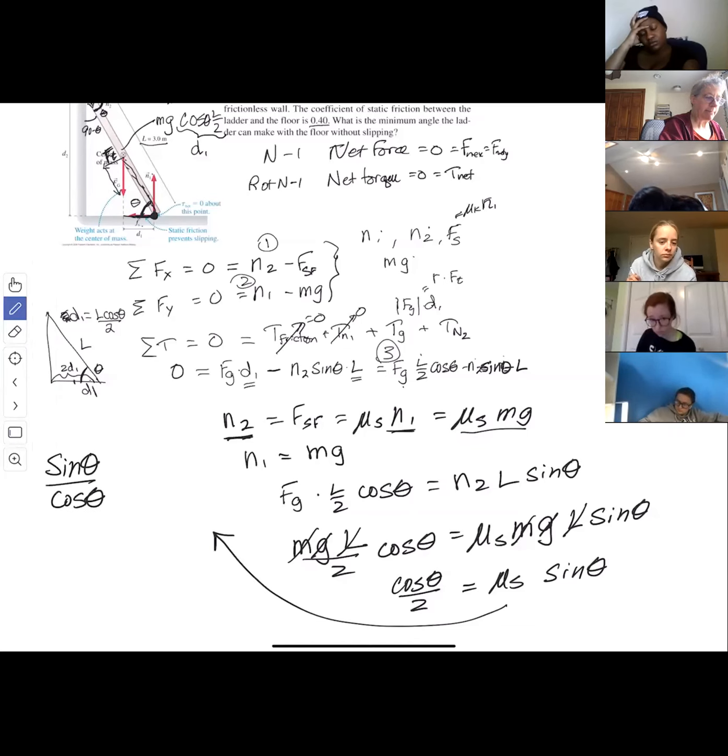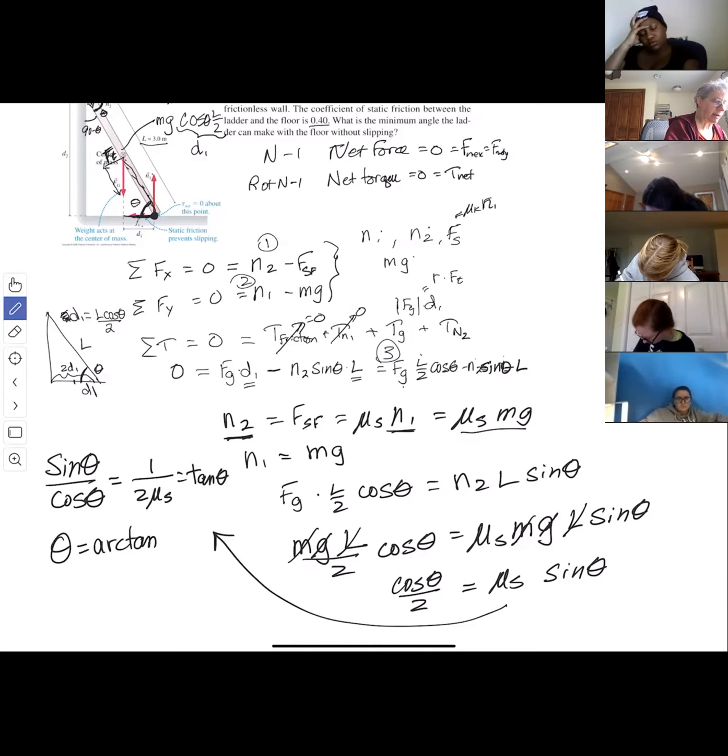At the same time, I'm going to divide both sides by mu s, so that I get everything else on the other side. It would be equal to 1 over 2 mu s. And since this is equal to tan theta, we can get that theta is the arctan of 1 over 2 mu s.